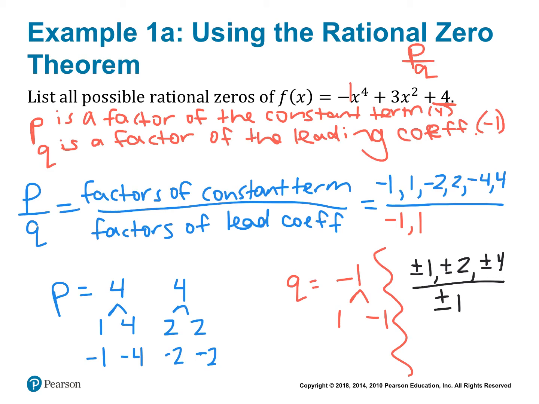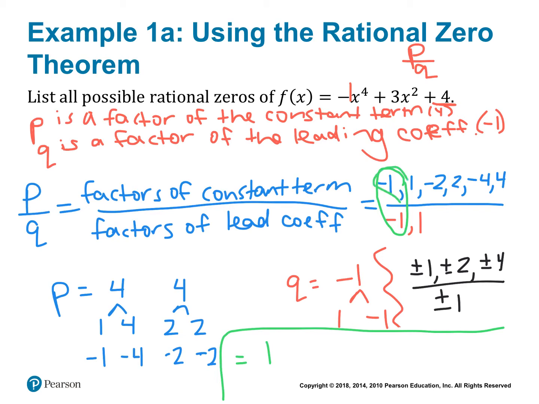So now if I reduce that out, let's go ahead and think of how we could do this. If I take everything in the top divided by everything in the bottom, let's just go one at a time. -1 divided by -1 would be +1.